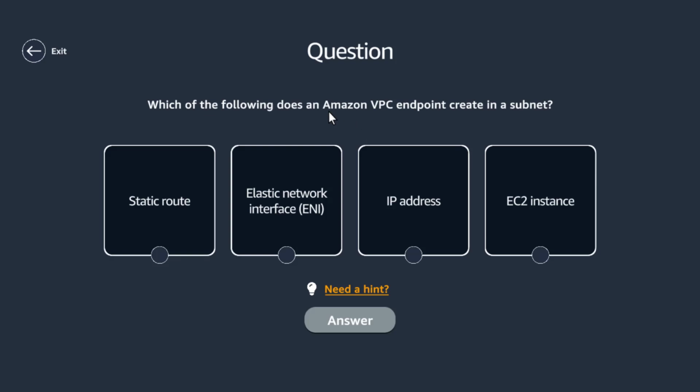Mm, I think, static route is for what? I think it's the transit gateway, I'm assuming. Is it ENI? I'm assuming. I don't know. Let's check.